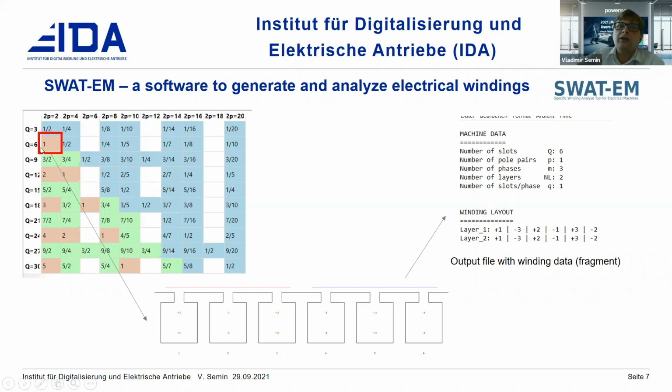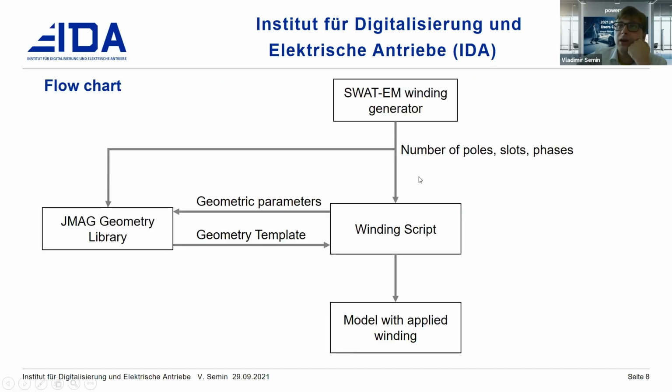For a given winding, the program then generates a winding scheme and a text report with the winding data and a winding scheme also. This is only a part of the report. That report is then used as input data for the script.